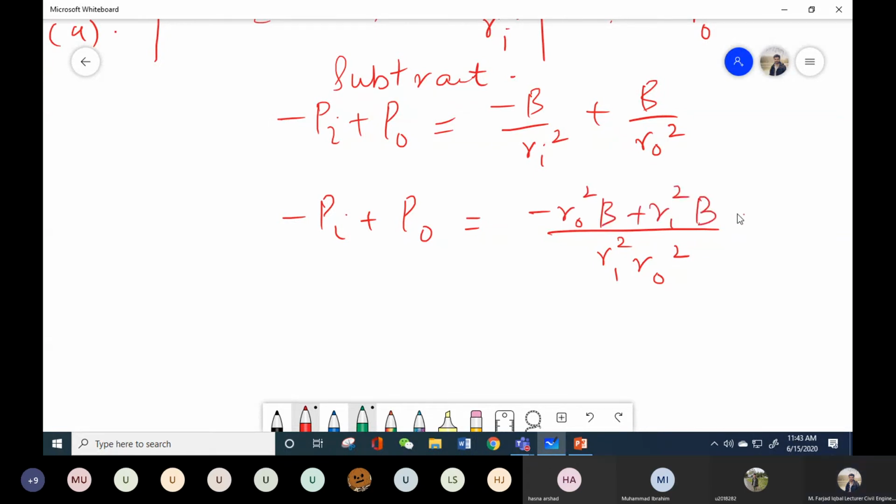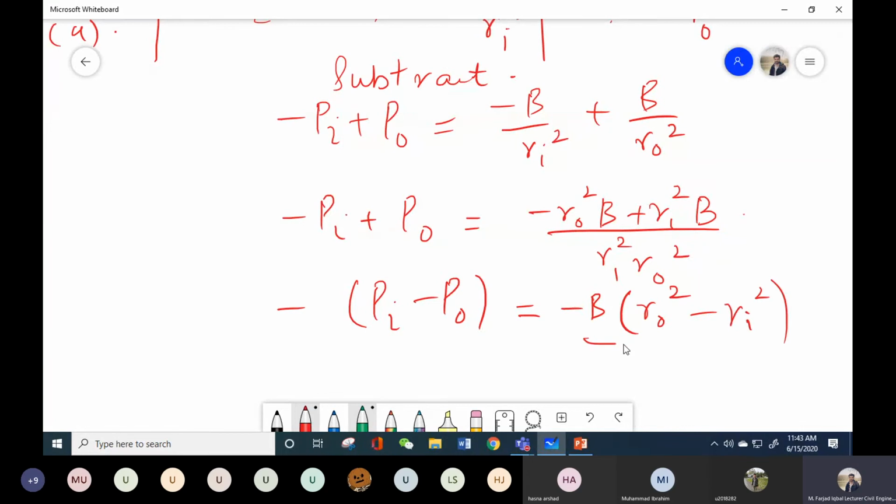If I take this b factor as common, the negative sign can be taken as common: minus pi plus p naught equals minus b, with inside r naught square minus ri square over ri square r naught square.